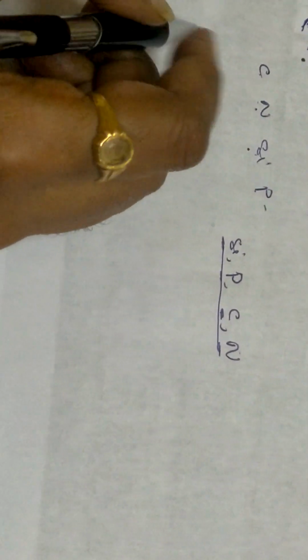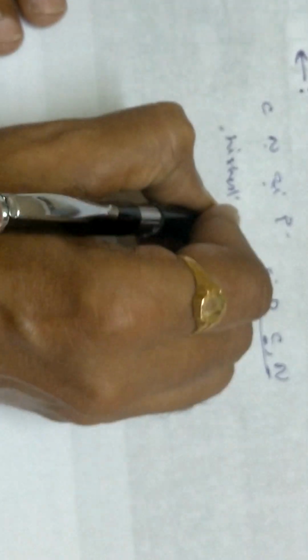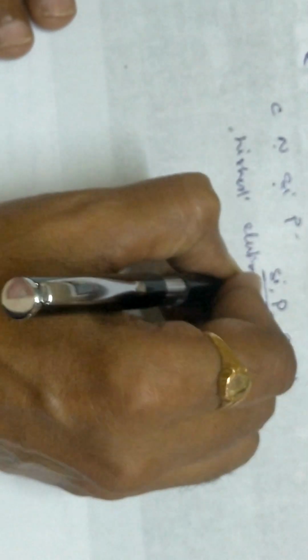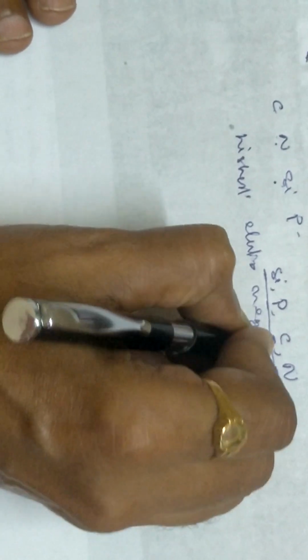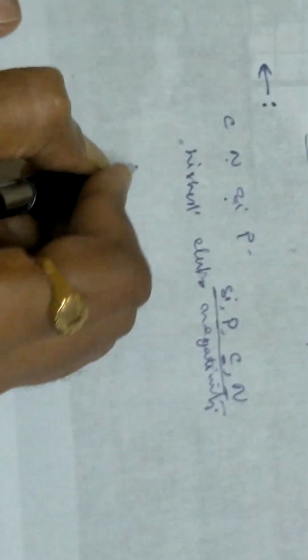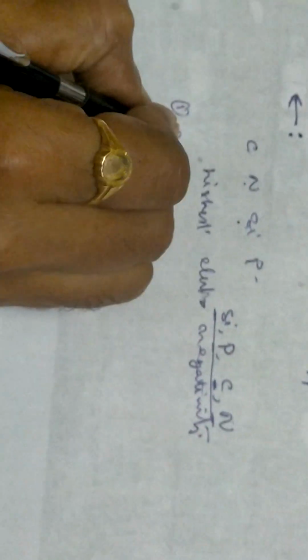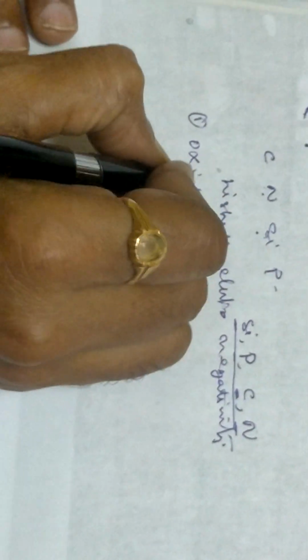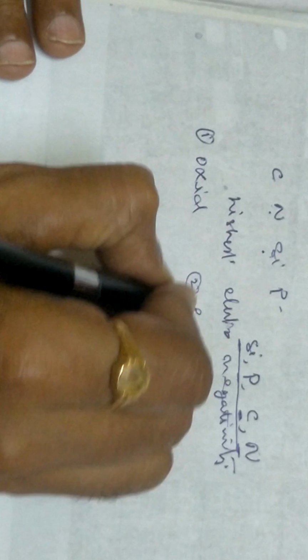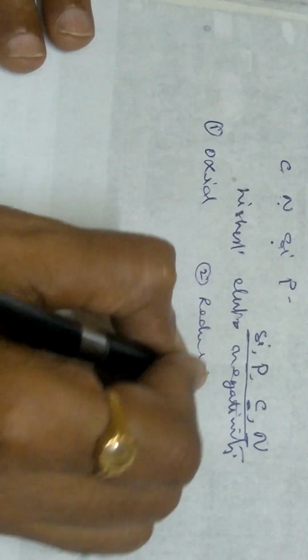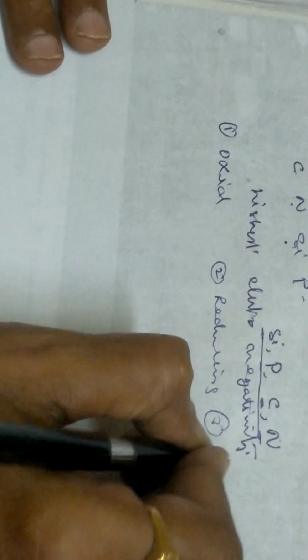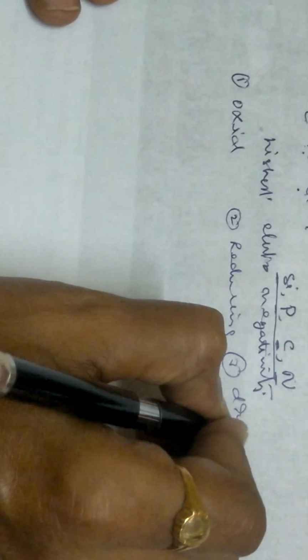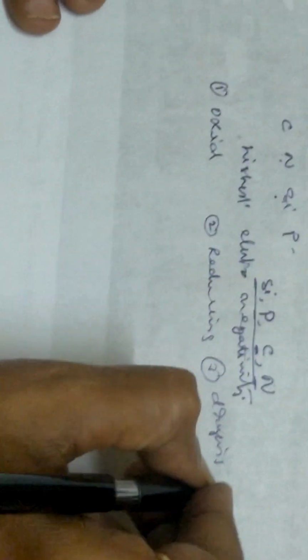Now, one more question on electronegativity: suppose an element has the highest electronegativity, will it be an oxidizing agent, reducing agent, drying agent or softening agent?